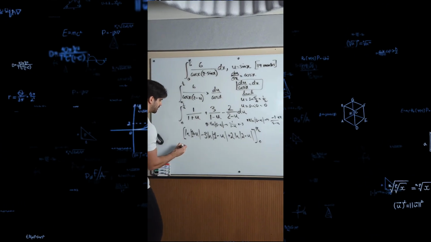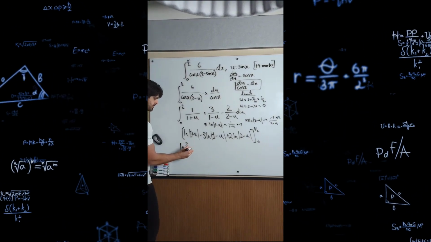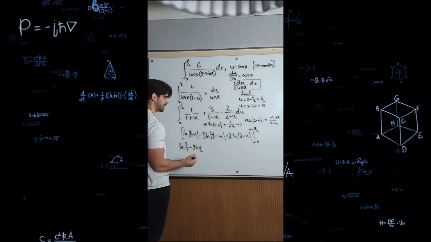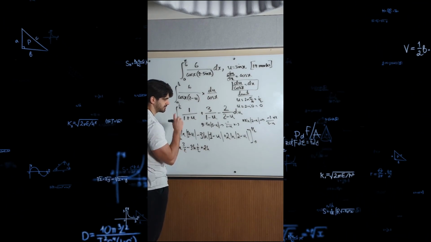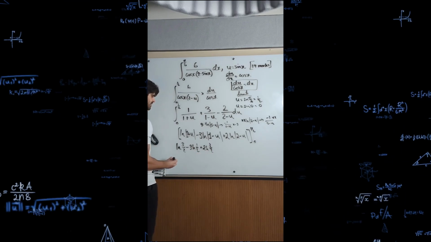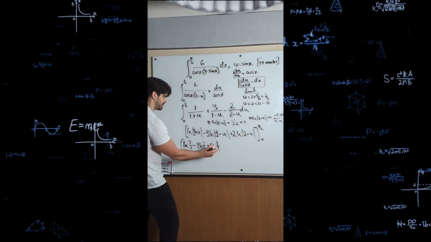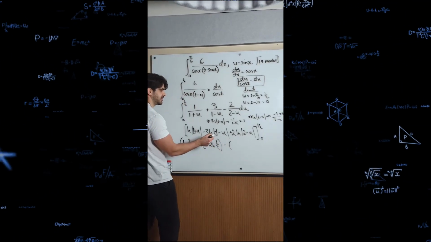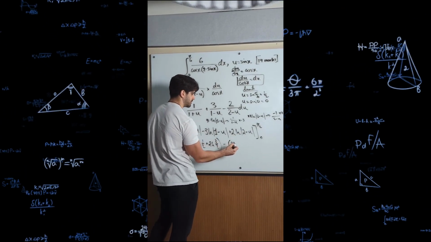So when you sub in a half, you get ln of 3 over 2 minus 3 lots of ln half plus 2 ln of 2 minus a half, which is 3 over 2. Because then these two are going to be able to combine. So we have that minus, when you sub in 0, you get ln of 1, that's 0. You get ln of 1, which is 0. Here, though, you get 2 ln 2.